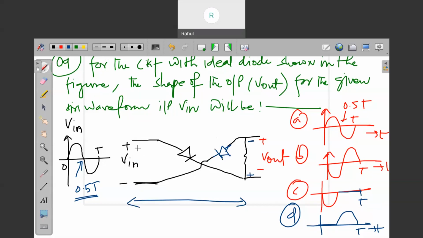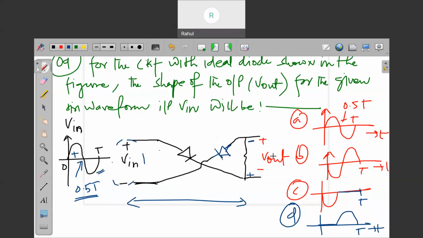There will be inversion because cross coupling is there, so this plus will be here.